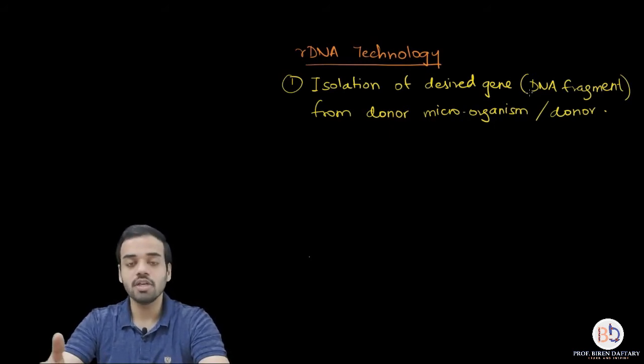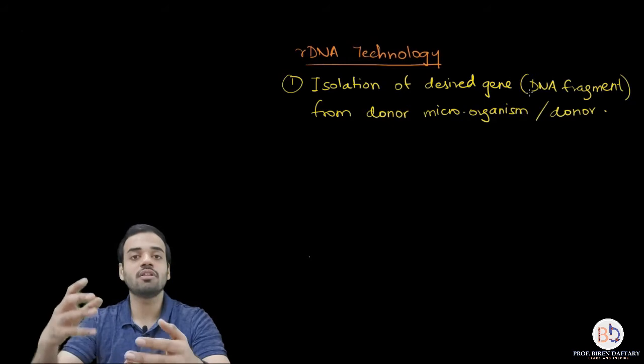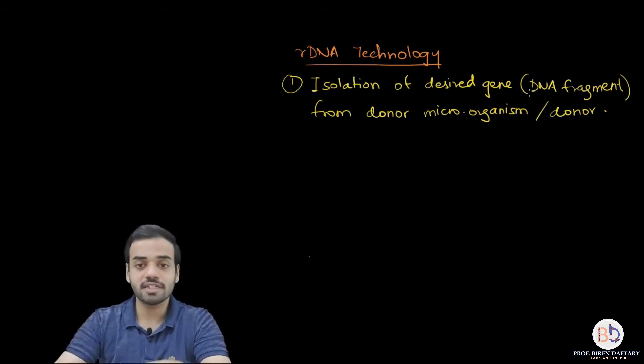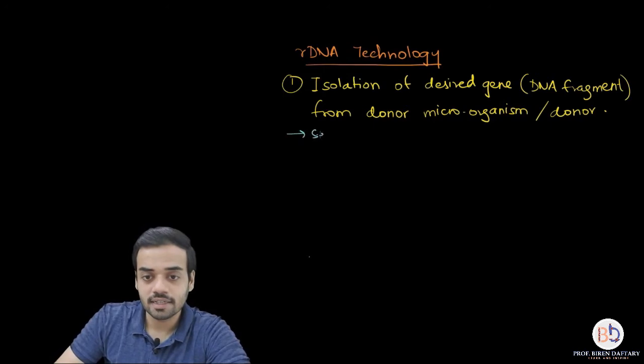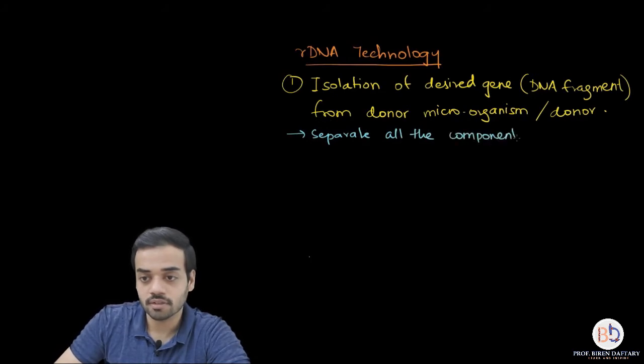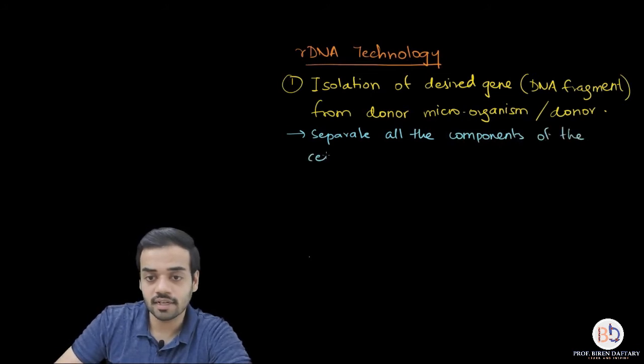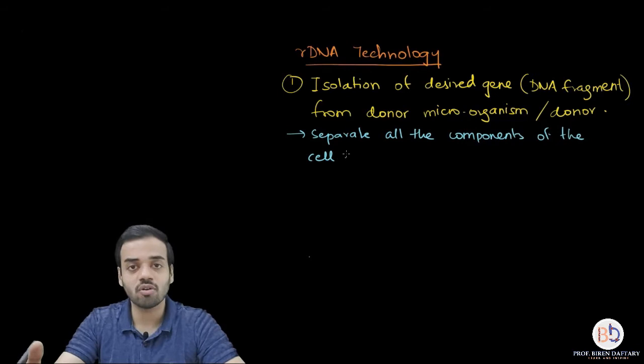For example, you want to separate the DNA, the proteins, the fats, carbohydrates, all the different organelles. So the first step is to separate all the components of the cell. The cell is the donor cell or the microorganism from which you want the required gene.